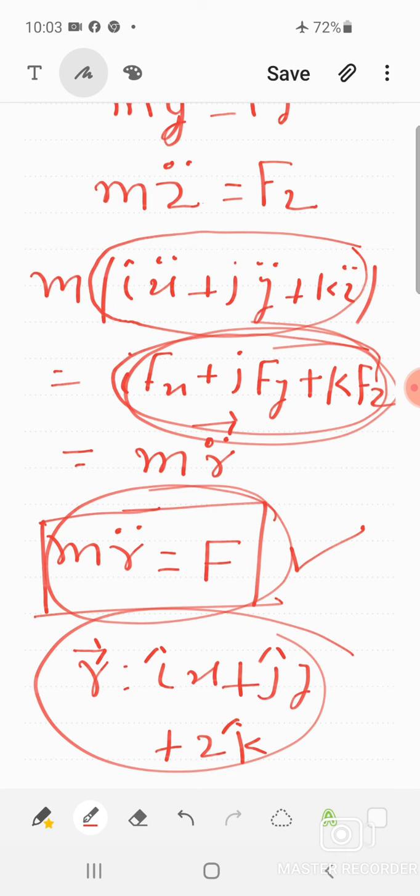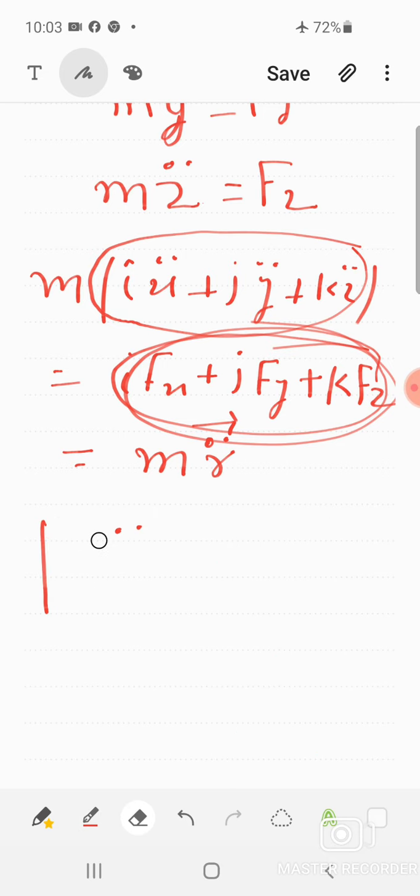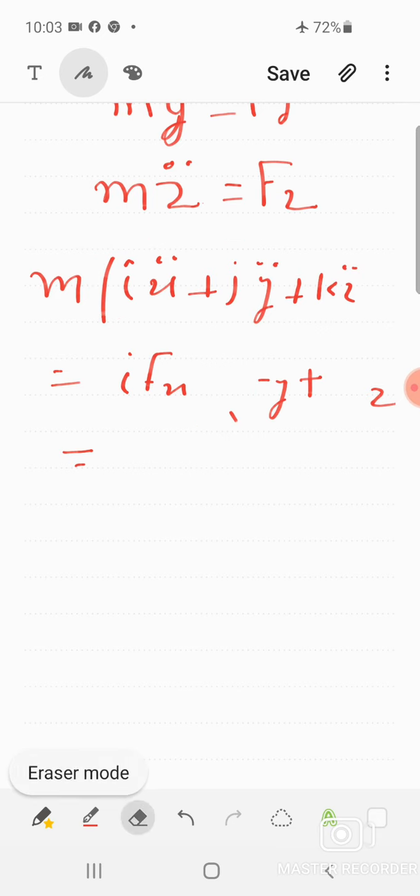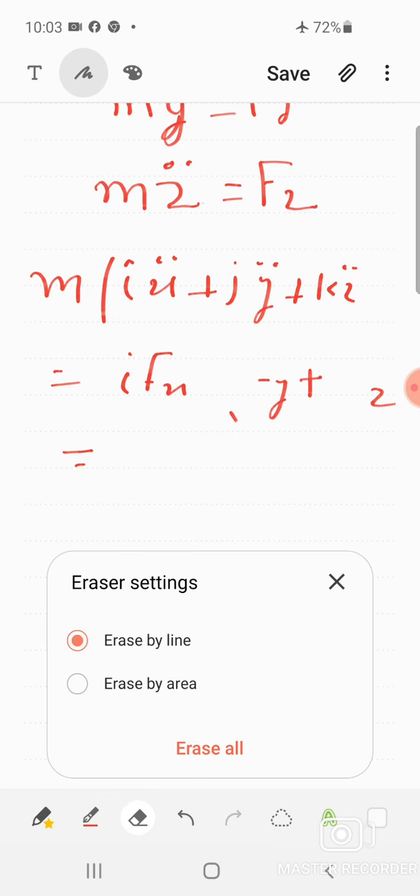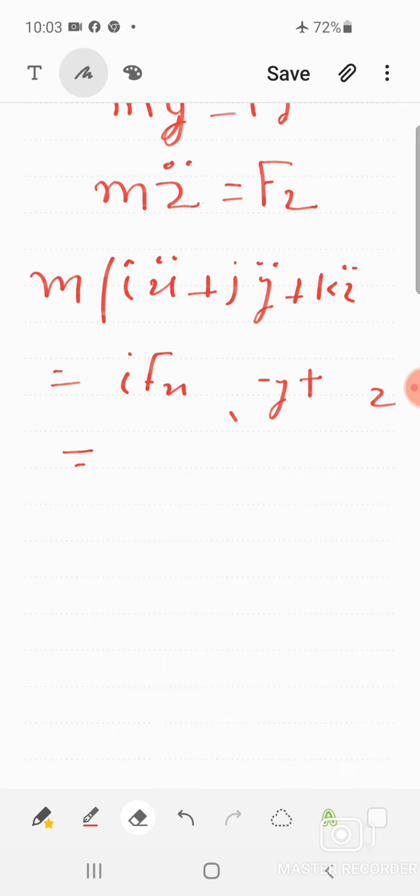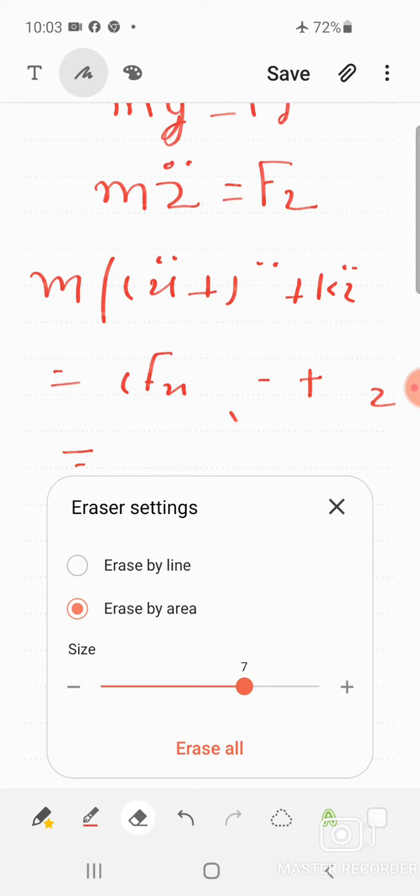Second, we will find the equation of motion in the polar coordinates.